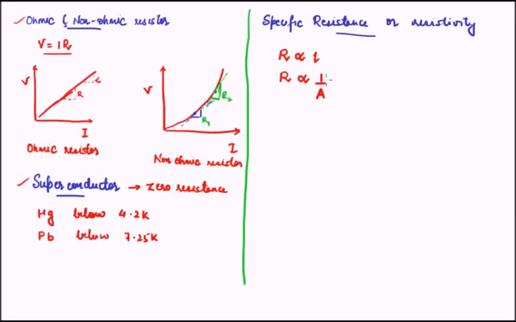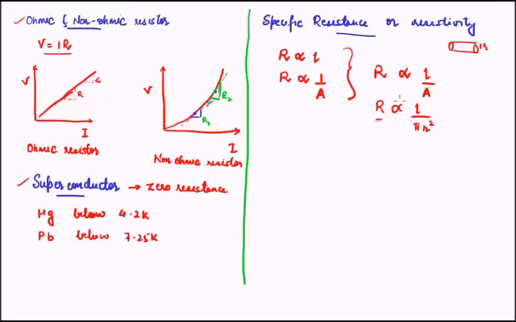Now if we combine these two things, we get that resistance is proportional to L upon A, and if A is a circular wire with a radius r, then we can say resistance is proportional to length upon pi r square, isn't it? But what we see is still the resistance is not directly equal to that.